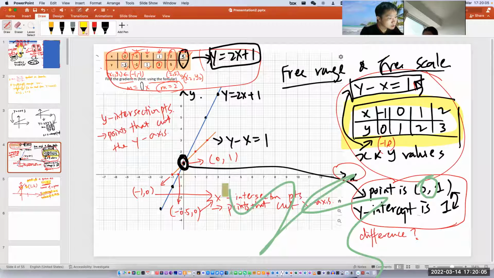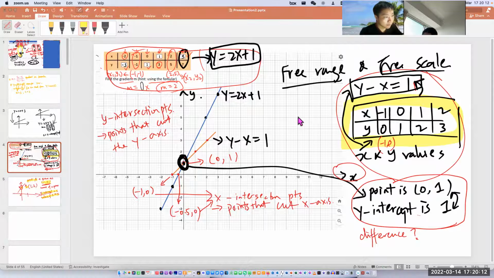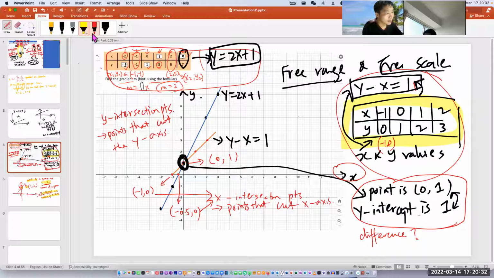So let's come back to this. Something I want to talk about here is that I think this concept has not been brought across to you when you were taught simultaneous equations.